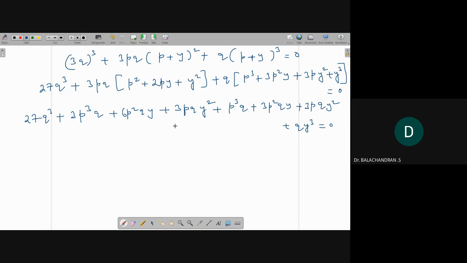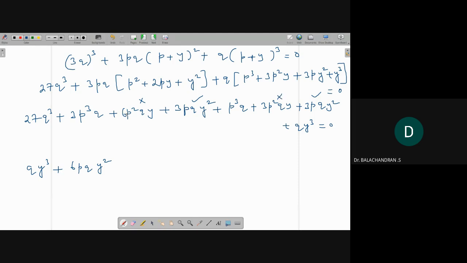What is the coefficient of y cube? The coefficient of y cube is q. And what is the coefficient of y square? 6pq y square, because I have y square only here, and the y term is here and here.